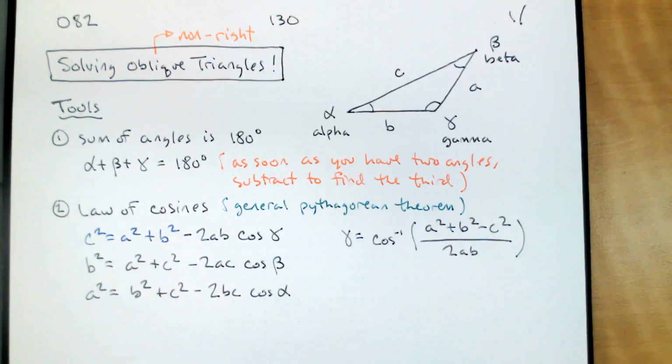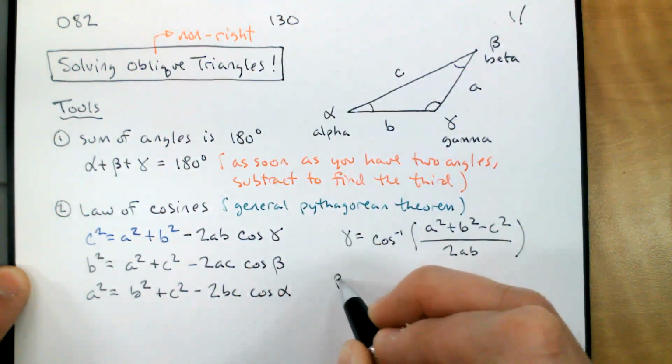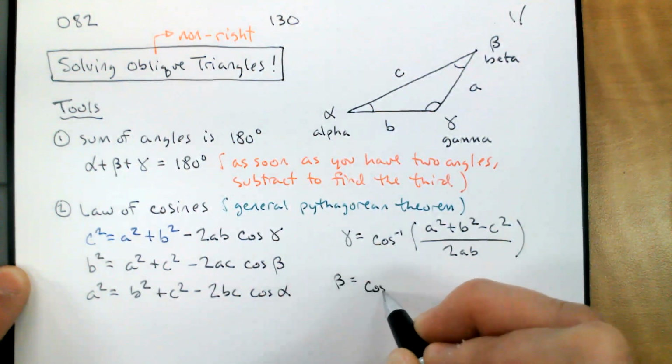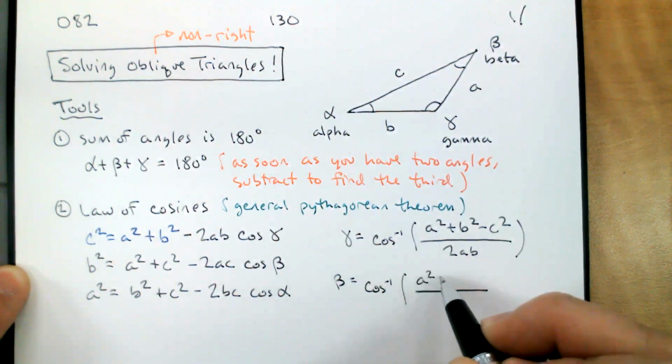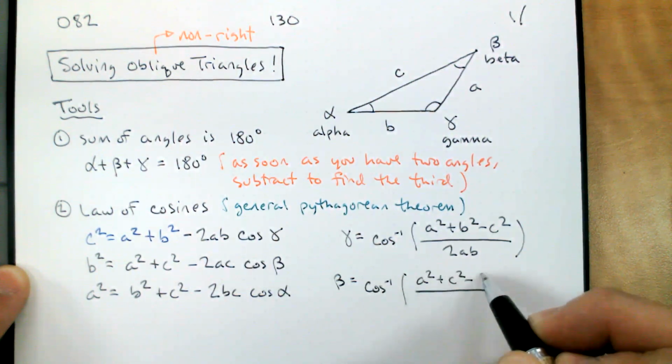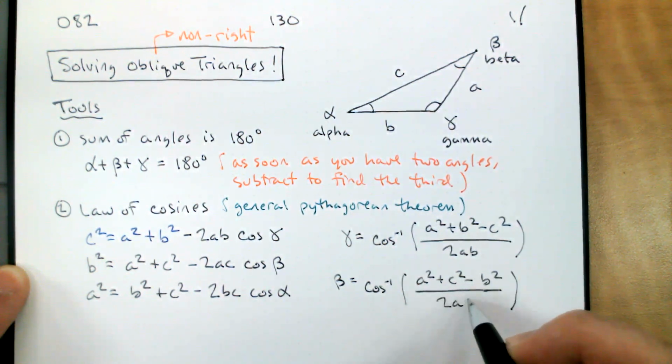Once we can solve one of them for gamma, or for the angle, we can solve all of them for the angle. We just need to permute things through. So if I wanted to write beta, beta is cosine inverse of, then the numerator will be A squared and C squared minus B squared over 2AC.